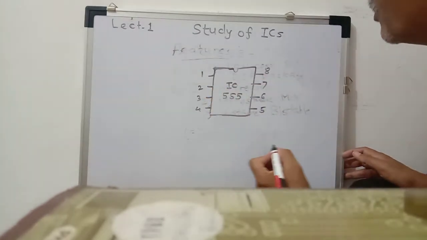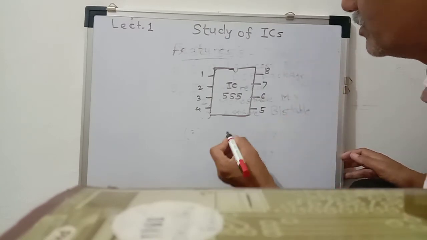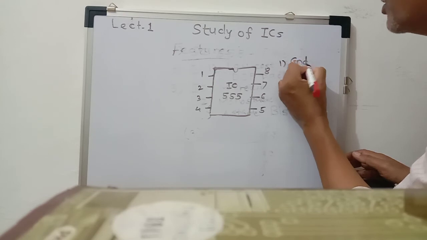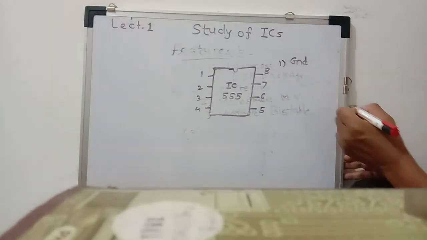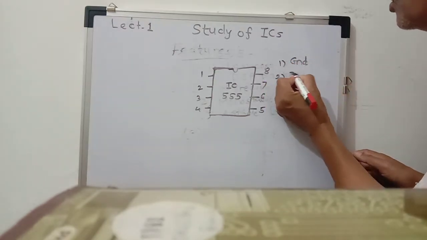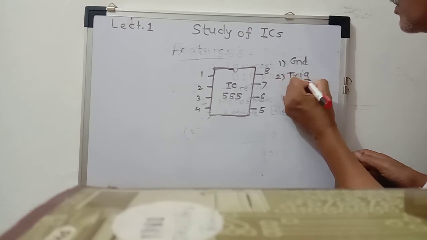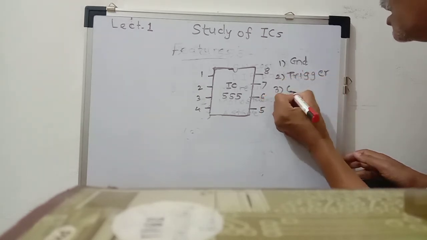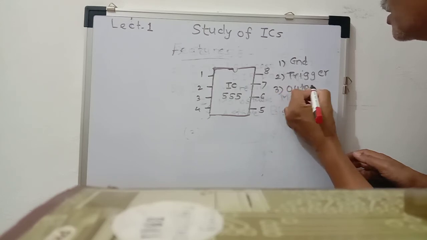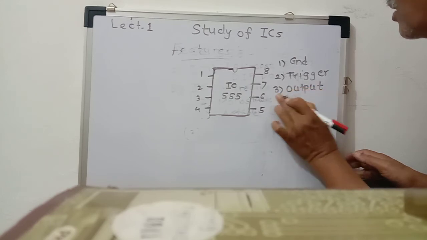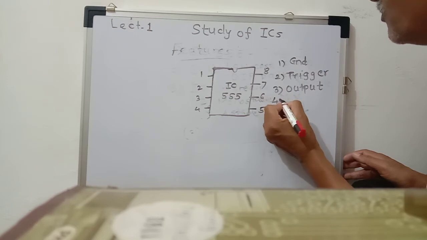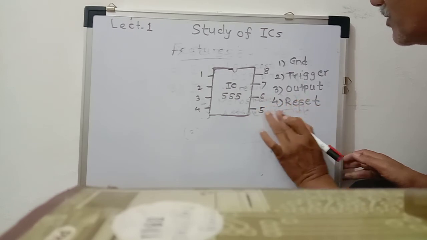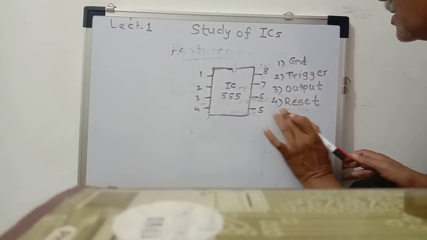So what is pin number 1? Pin number 1 is for ground. Pin number 2, trigger. Pin number 3, output. Pin number 4, reset.